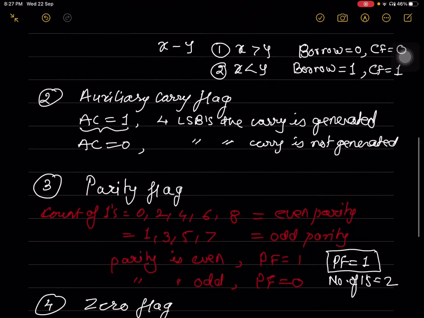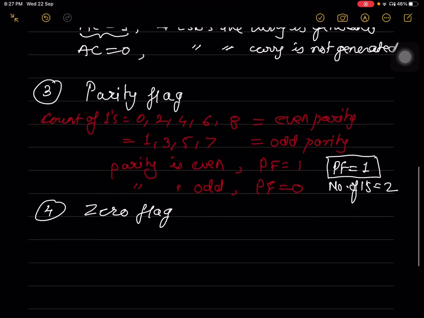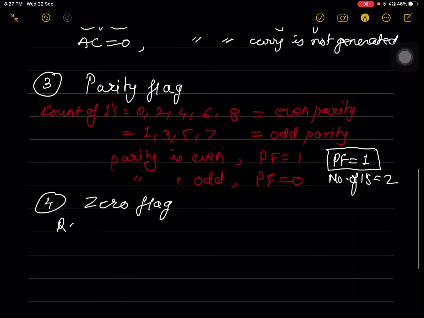In the similar manner, in the ALU, whenever any result is produced, the result can be either 0 or a non-zero number. If the result produced is a non-zero number, in that case the zero flag value will be equal to 0.